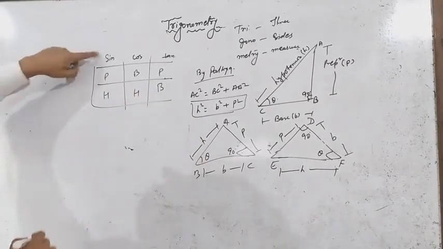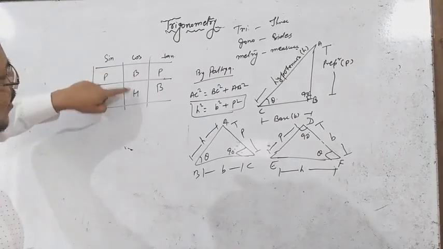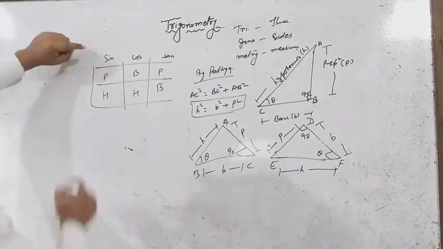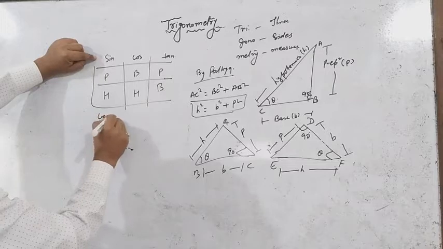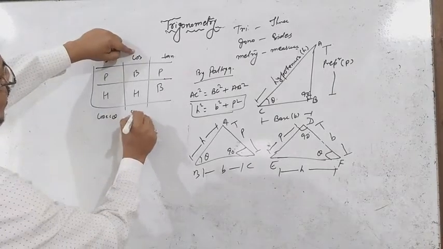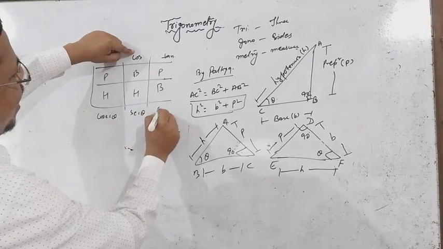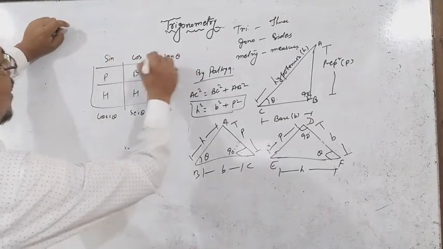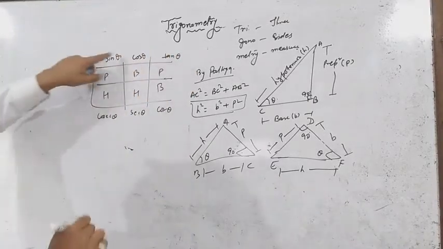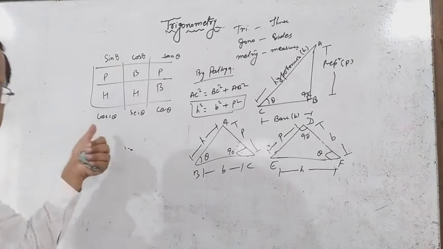Sin theta is P by H, cos theta is B by H, tan theta is P by B. Sin is the reverse of cosec theta, cos theta is the reverse of sec theta, and tan is the reverse of cot theta. So this is the short form, and you have to learn this formula.